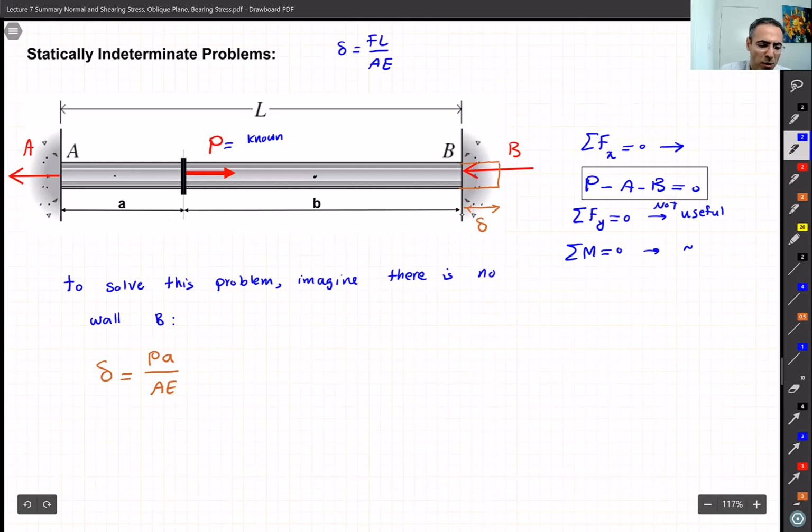But we know that in practice we have this wall. This is just something we imagine, right? And so, let me draw it again.